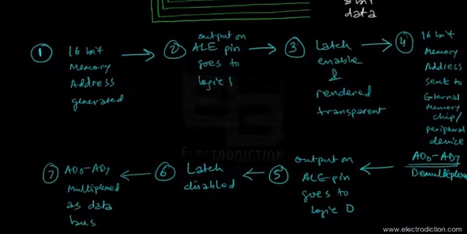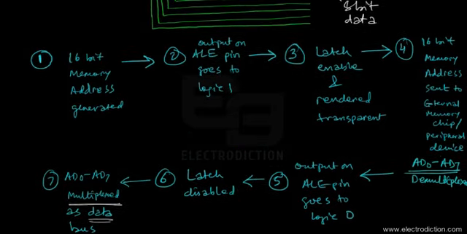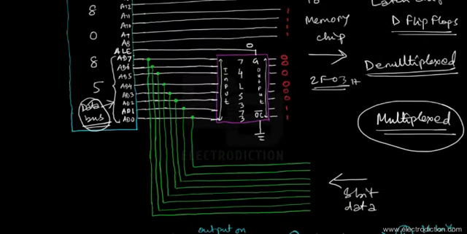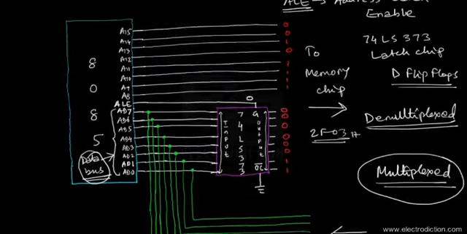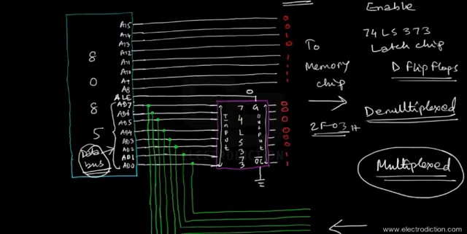So this gets multiplexed to function as the data bus, and now the microprocessor can read any data from an external peripheral device or memory chip. So this is the process of multiplexing and de-multiplexing the lower order address data bus of the 8085 microprocessor.